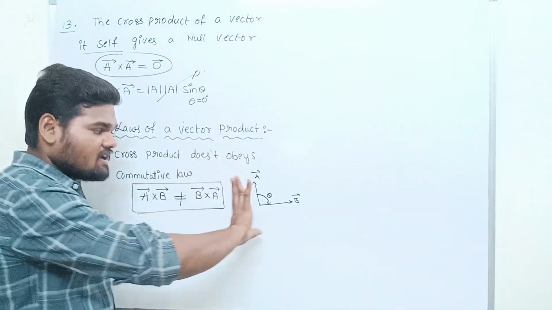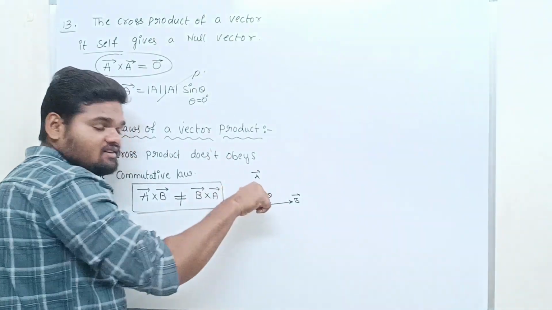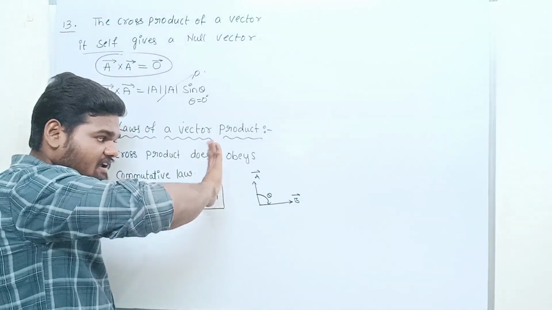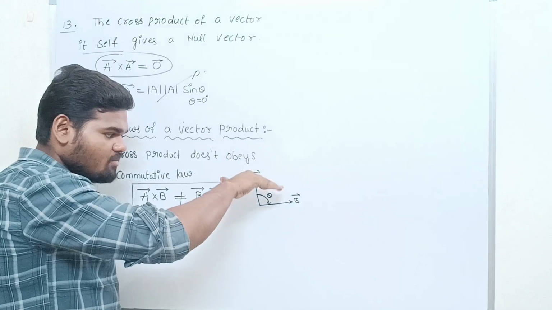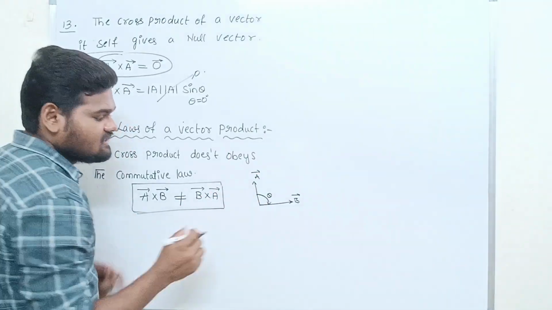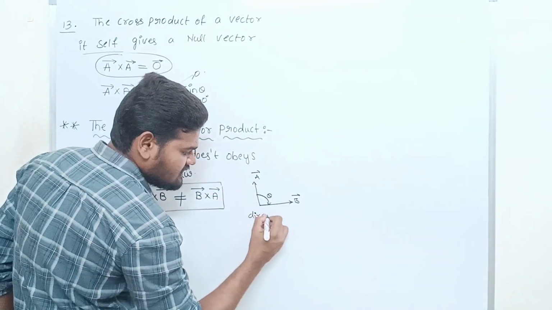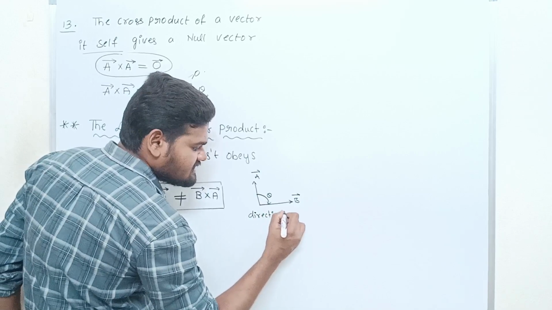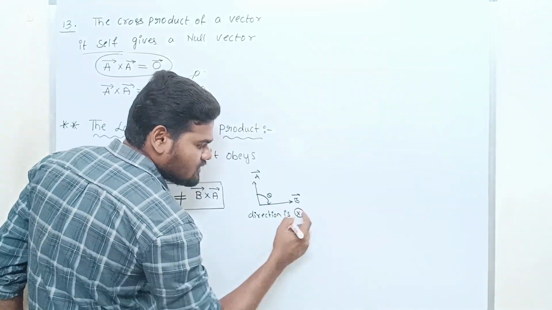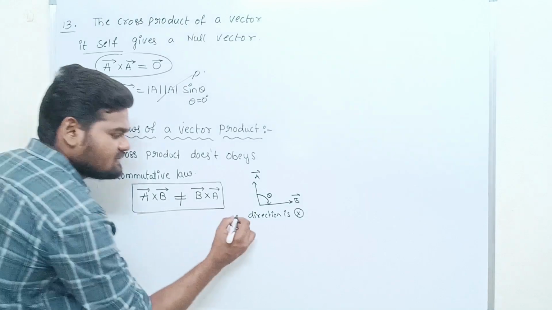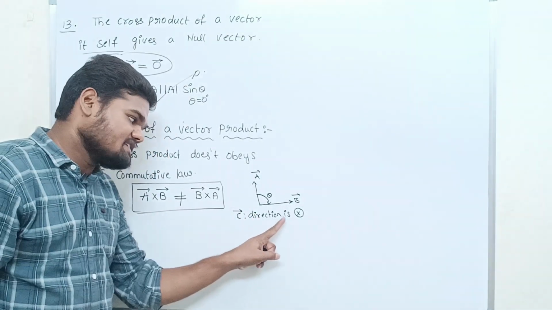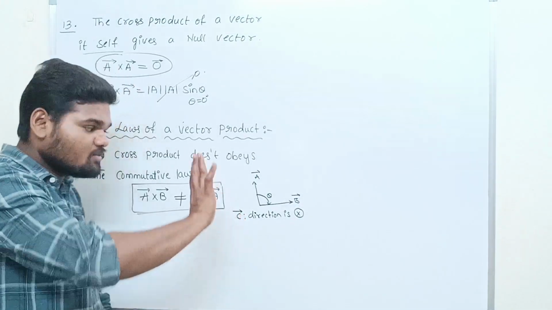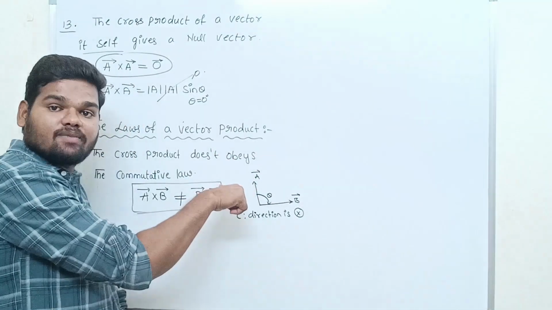The direction of the resultant vector a bar cross b bar is into the plane of the board. The resultant vector is c bar, and its direction is into the plane of the board.